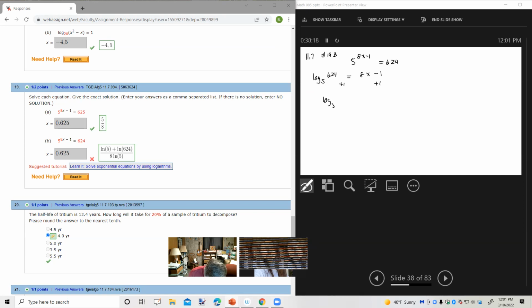So log base 5 of 624 plus 1 equals 8x. I'm going to multiply both sides by 1/8. So 1/8 times log base 5 of 624 plus 1 equals x. I'm going to use the change of base, and I'm going to use natural log. So the natural log of, oh, my mistake. I left out the +1 here.